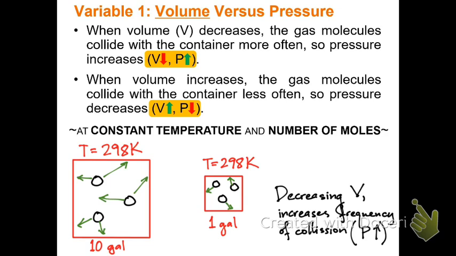Make sure you remember that: because we decrease the volume, pressure increases due to an increase in the frequency of collision. So that's the relationship between volume and pressure. When volume decreases, pressure increases, and vice versa. If you increase volume, pressure decreases. In other words, they are inversely proportional to each other.